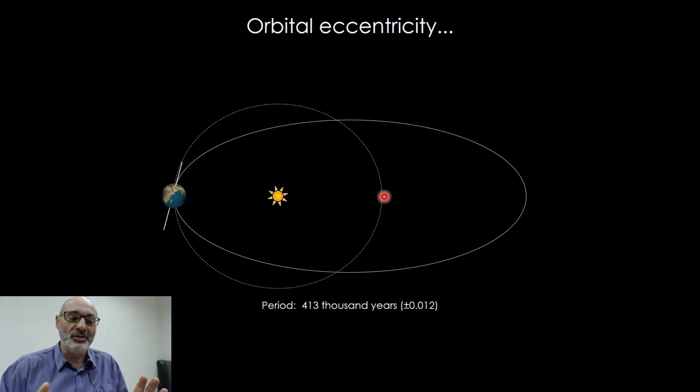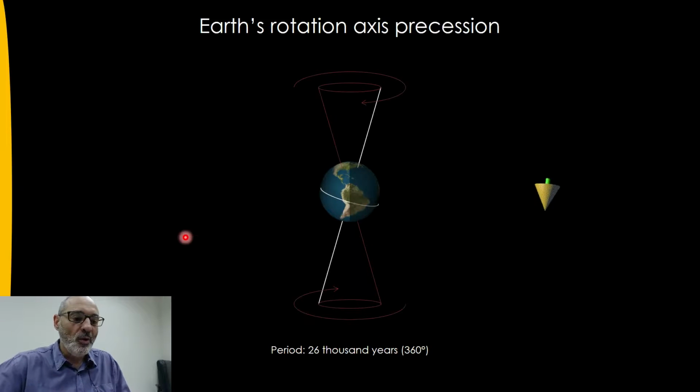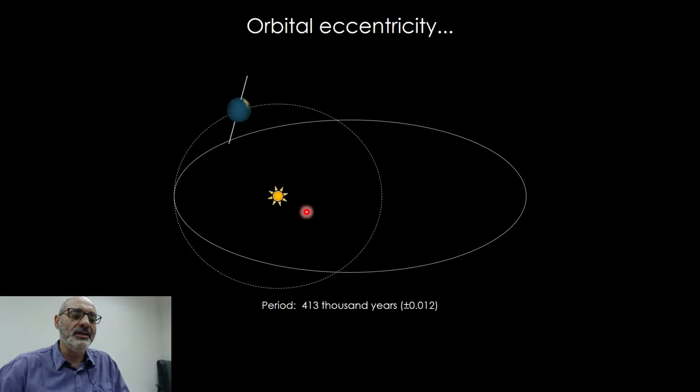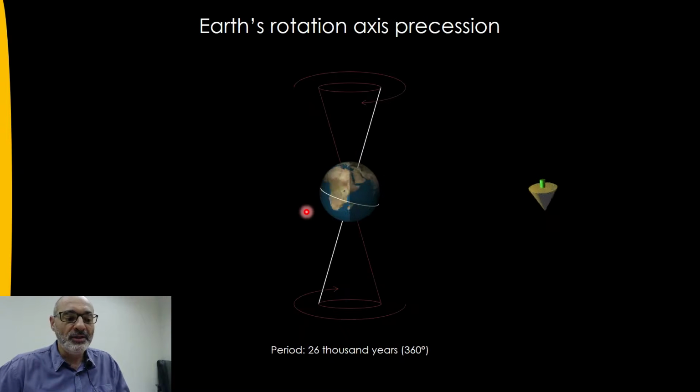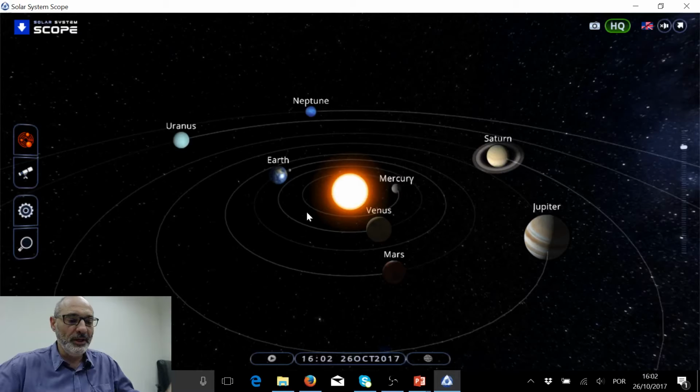So our solar constant is not actually that constant. It's going to vary in periods of 400,000 years, but it's sufficient to provoke climate changes. Let me show you the simulator to explain why we have these kinds of movements and influences. As I mentioned, they are related to the influences of other planets.